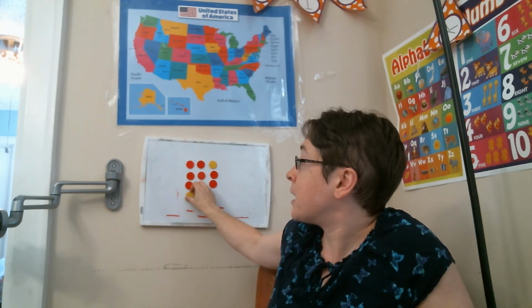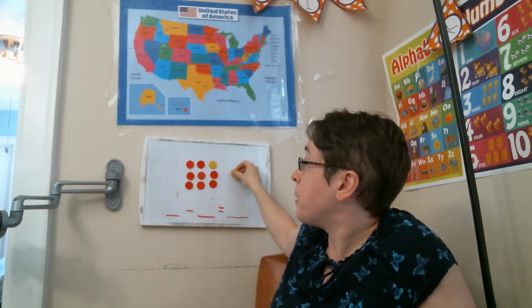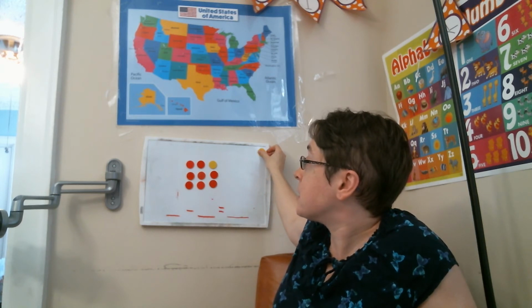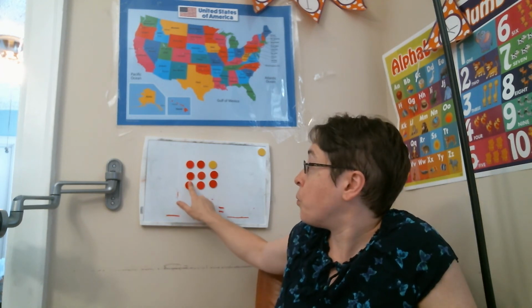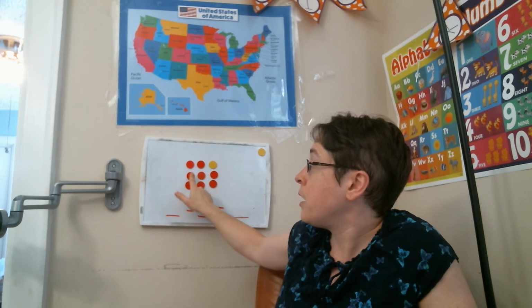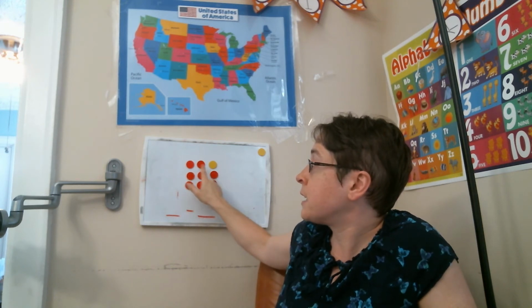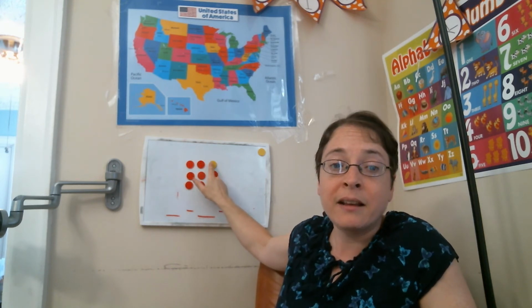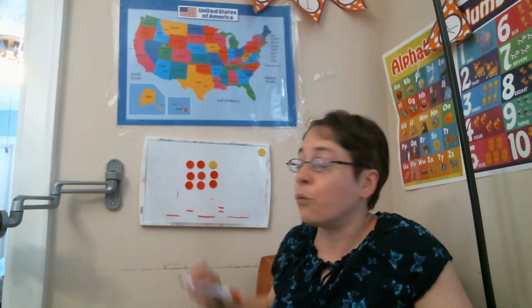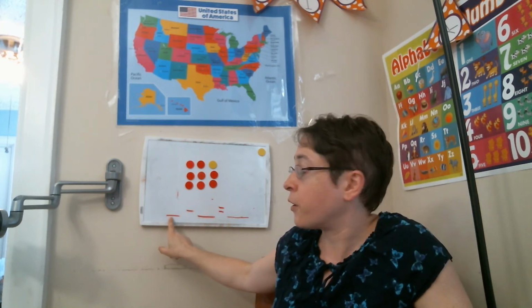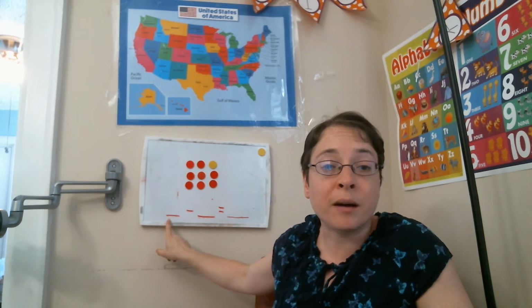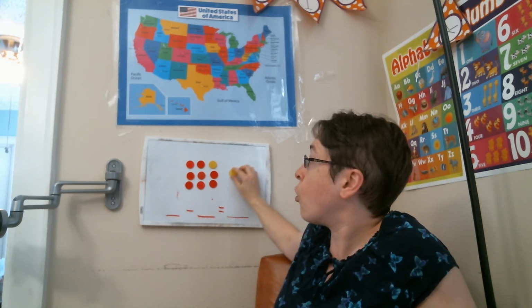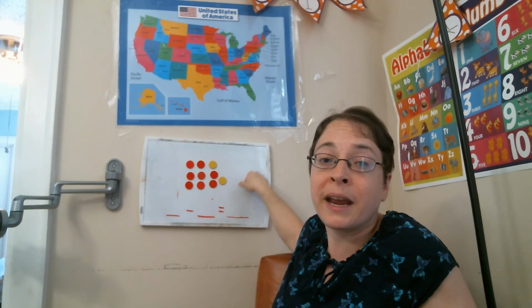So if you take 10 minus 1, how many do you have left? 1, 2, 3, 4, 5, 6, 7, 8, 9. So what do we need to put here? The first number tells us the whole, how many bears we have all together.